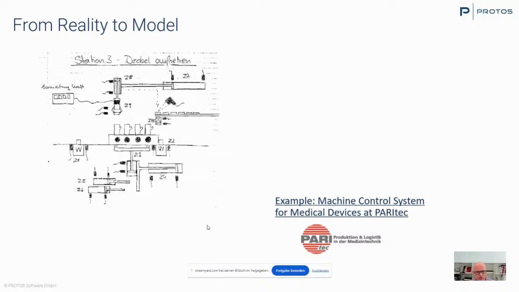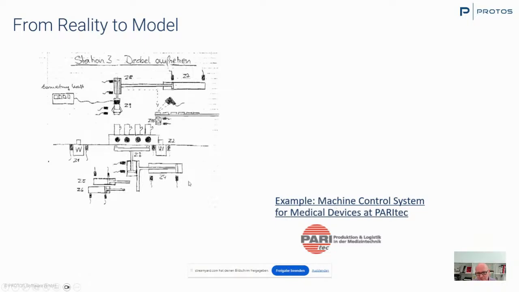And that's the original drawing from the first design, the paper design, from the mechanical engineer that constructed the machine. And that's one of the many stations in the machine. You see all the cylinders, the gripper, the sensors, and so on. That's the really original drawing. I saved this.